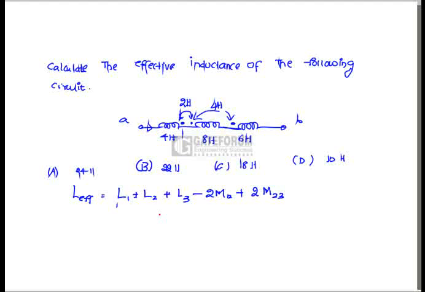So the mutual inductance because of these two inductors is going to be negative. Regarding L2 the current is entering, and for L3 the current is entering. So the resulting mutual inductance is going to be a positive sign. That's why plus 2M23 and minus 2M12. If we substitute the corresponding values, 4 plus 8 plus 6 minus 2 into 2 plus 2 into 4, we will get 22 henries, which is option B.